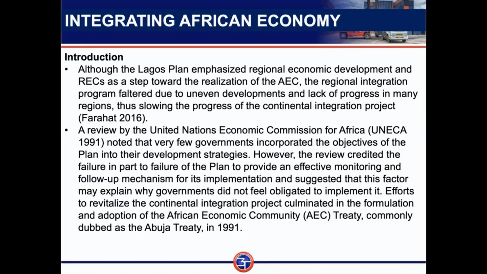In effect, efforts to revitalize the continental integration project culminated in the adoption of the African Economic Community Treaty, commonly called the Abuja Treaty, in 1991. So this was why people were accusing Nigeria, when Nigeria refused to sign that.